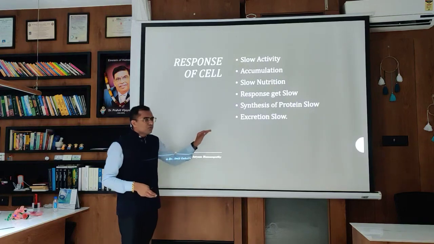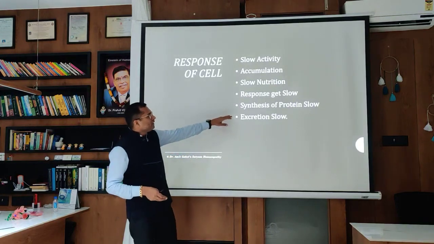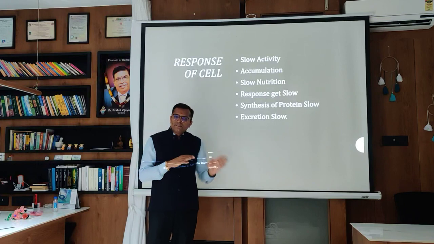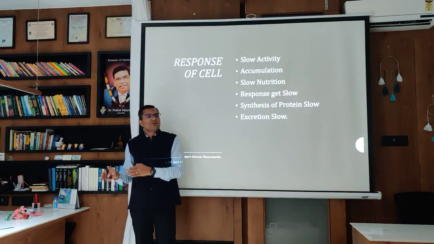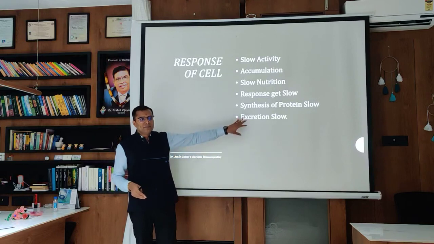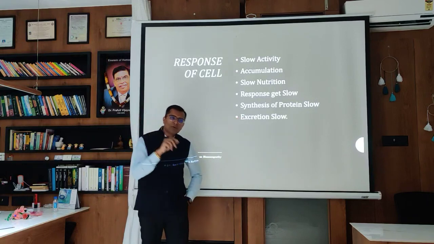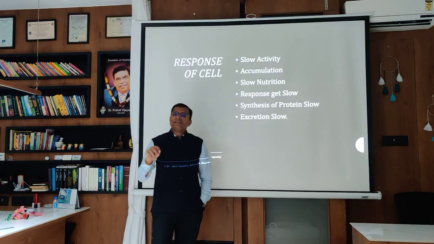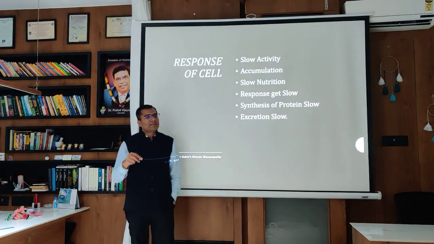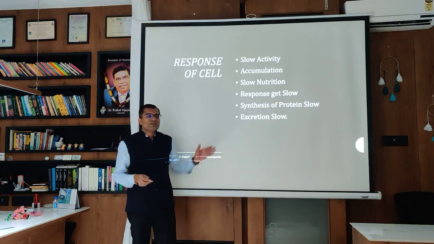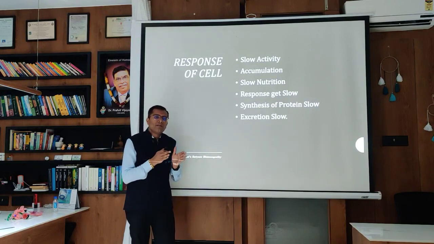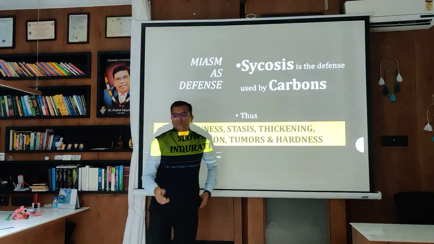And to that, the synthesis is also slow, and excretion is also slow. So this is the cellular mechanism. There is a synthesis of slow protein, and there is slow excretion of certain waste products. So this is a cellular response because of the genetic pattern called hypocytosis.